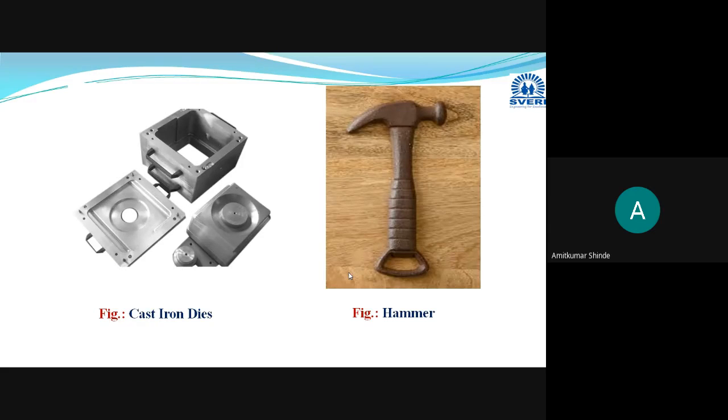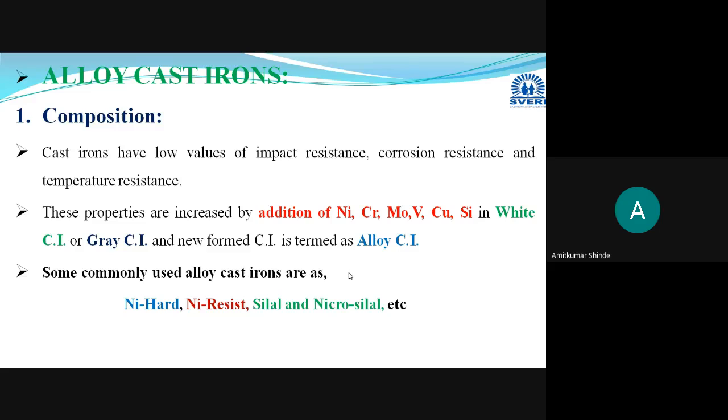After chilled cast iron, the last type of cast iron is alloy cast iron. In general, the 6 or 7 types we have studied up to this point all have lower impact resistance, lower corrosion resistance, and lower temperature resistance. Means we cannot use these materials at higher temperature ranges.